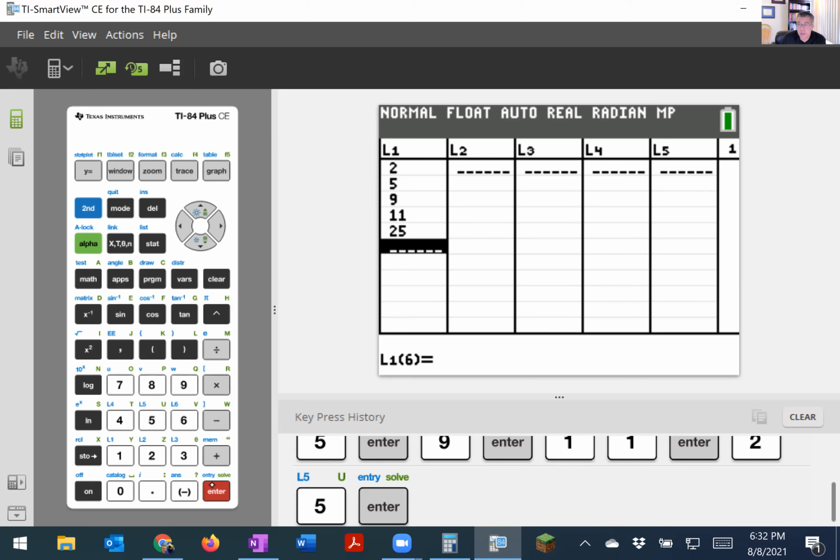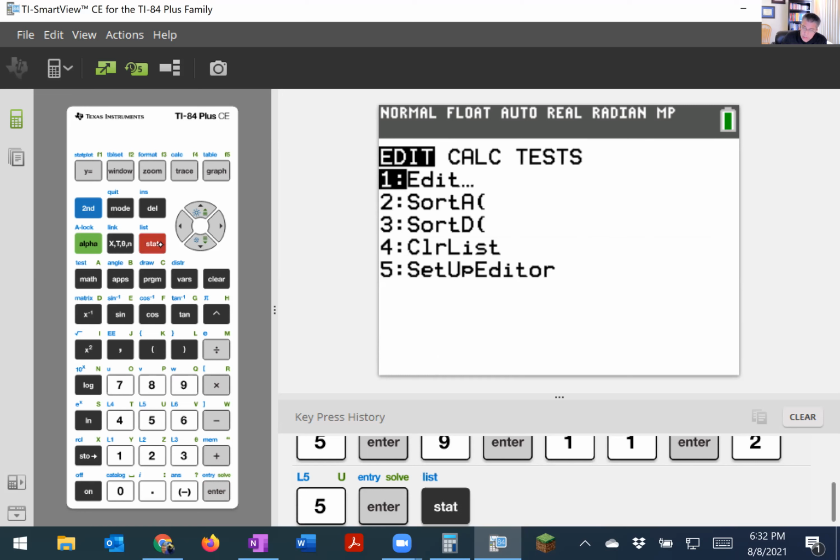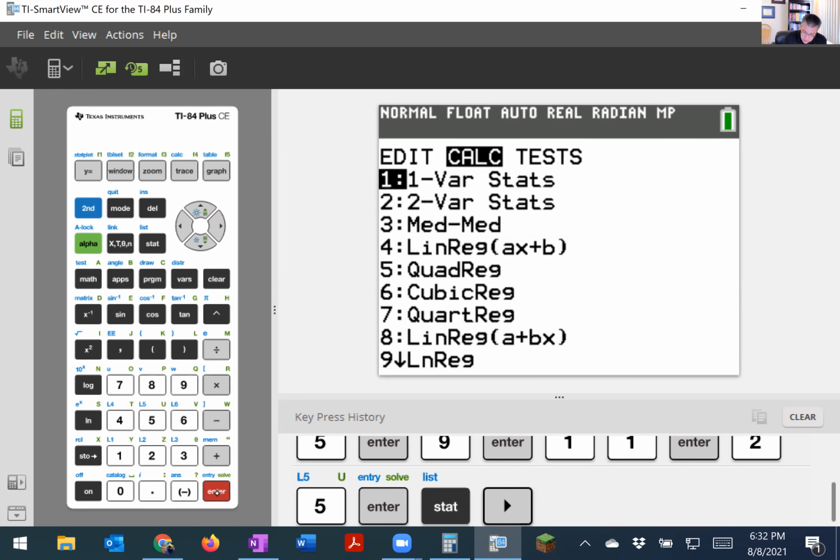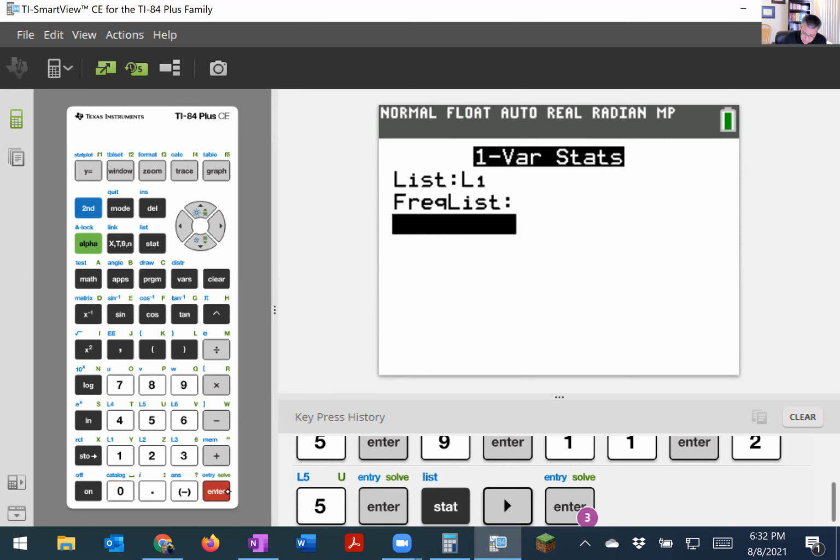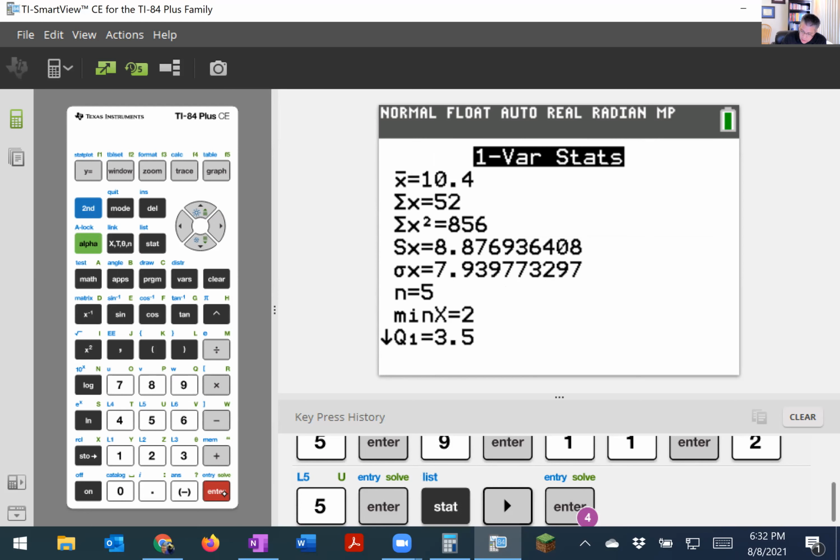Now I want to calculate standard deviation. Just hit the stats key, go over to calc, one variable statistics, and hit enter, 4 enters. And then this tells me my mean was 10.4. My S sub x is 8.88, let's round to the nearest hundredth, or 2 decimal places.